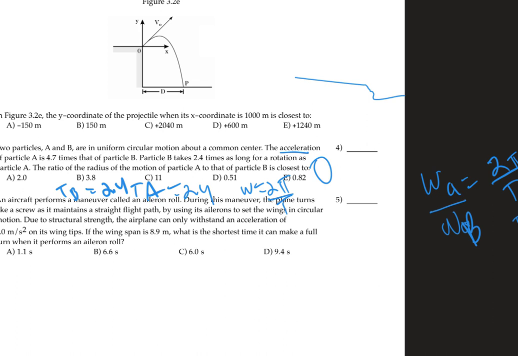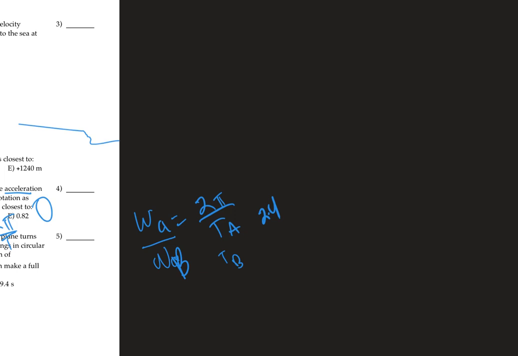And then to find the ratio of the radius, we do A, right, for all of it.